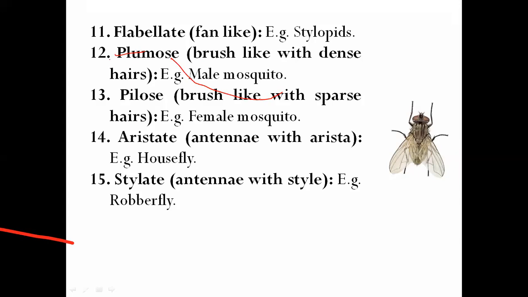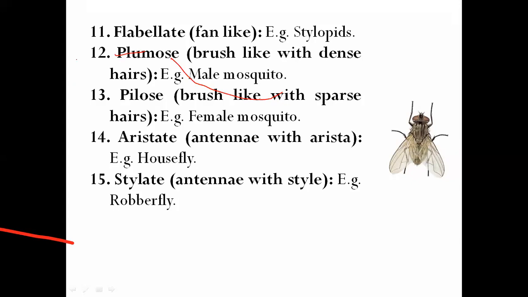Now pilose means what? There is a whorl-like arrangement also, but only at the bases of each segment. There is no dense hair as in the female mosquito; very sparse hairs are present at the base of the antenna, which acts as pilose, and only the base of each segment gives a hair, that is a sparse hair.